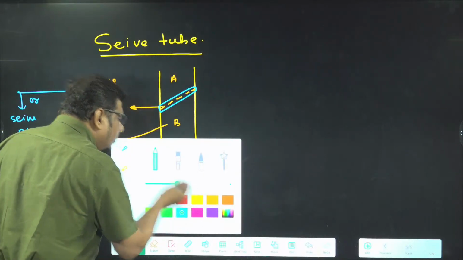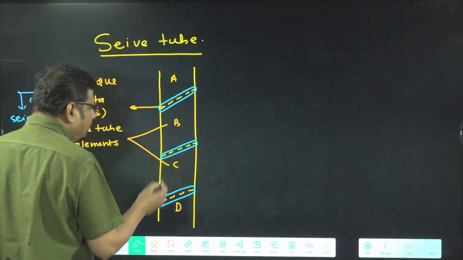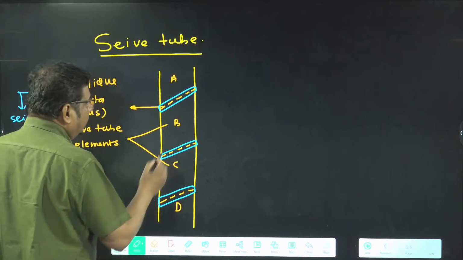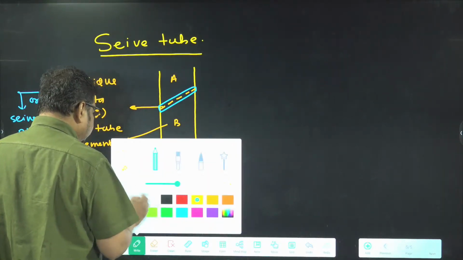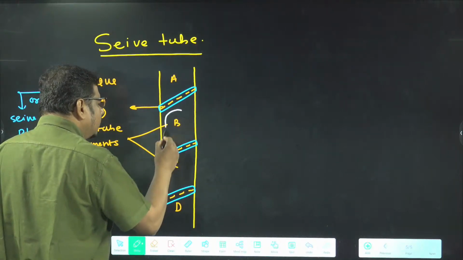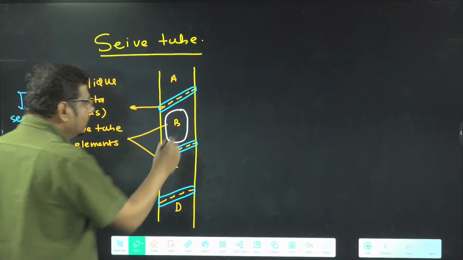Now what are the characters in the cell? Protoplasm is there or not? Of course it is there. Have a look. So this is a cell I am drawing here. In this cell, a large central vacuole is present.